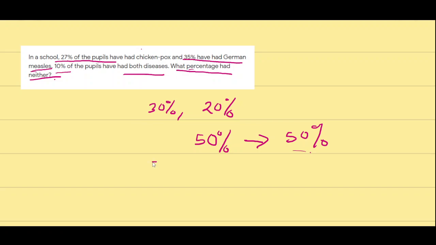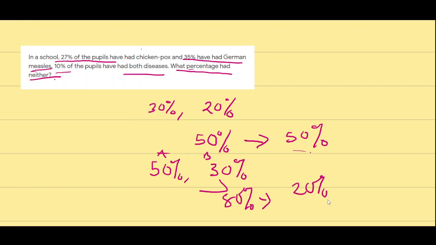For the same reason, if 50% have a particular disease and 30% have that disease, let's say this is disease A and this is B, that means 80% are infected. That means 20% is clean. But if you try to apply this logic here and say, aha, 27% have this disease and 35% have this disease, when we add 27 and 35, you get 62%.